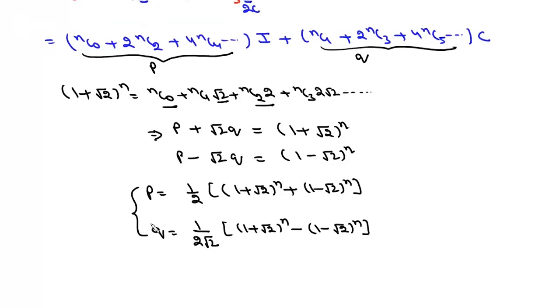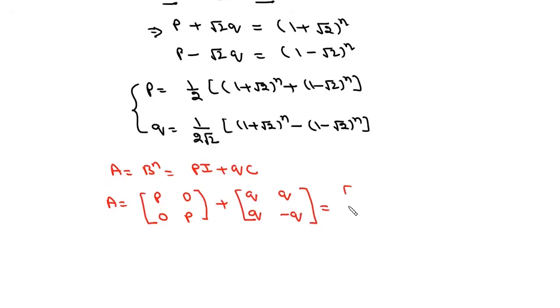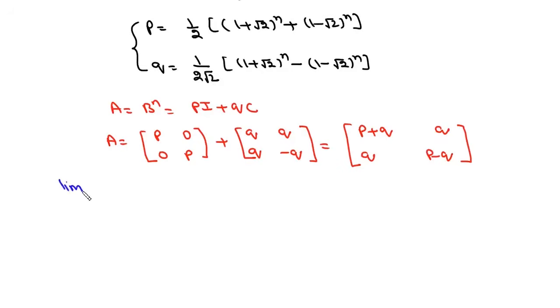So basically we can write A, which is B to the power n, as P I plus Q C. So this A will be P I, so it will be P, 0, 0, P, plus Q into C. Now C was 1, 1, 1, minus 1, so there will be Q, Q, Q, minus Q. So this A will be P plus Q, Q, Q, and P minus Q. Now it says we need to find this limit as n tends to infinity of A12 upon A22.